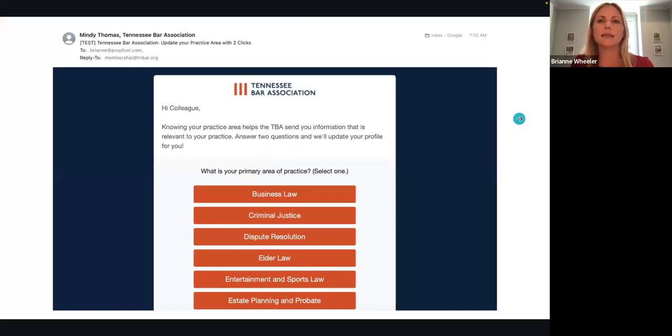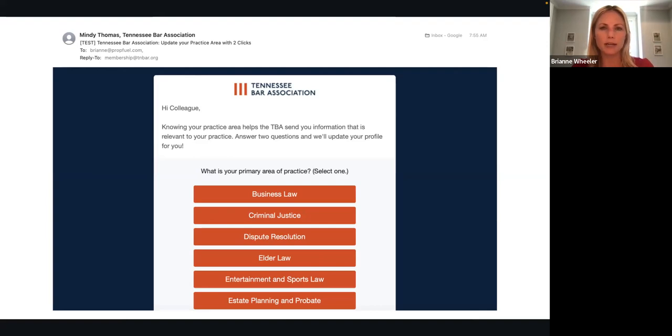So this is the Tennessee Bar Association. They had the need to find out primary area of practice, which is one of those things you might think, especially for the Bar Association, that they would ask in their membership profile when somebody joins. So it may in fact be in the AMS already.